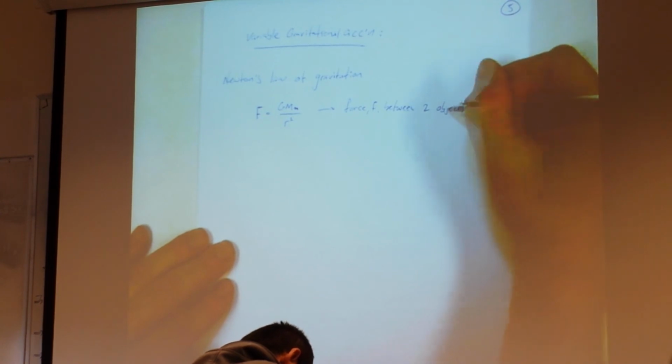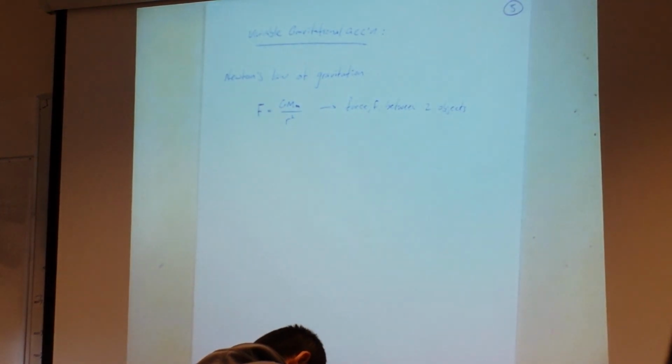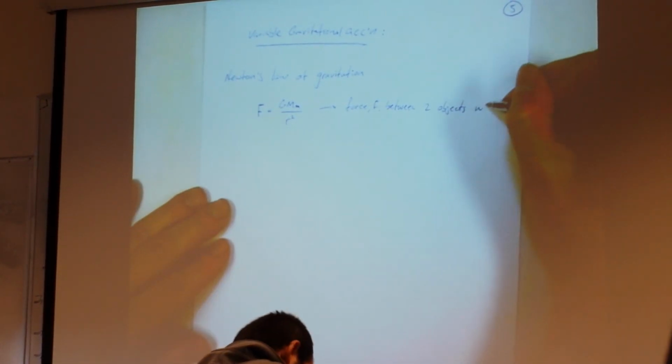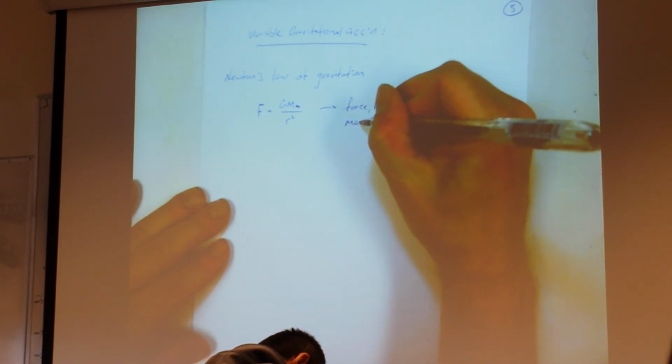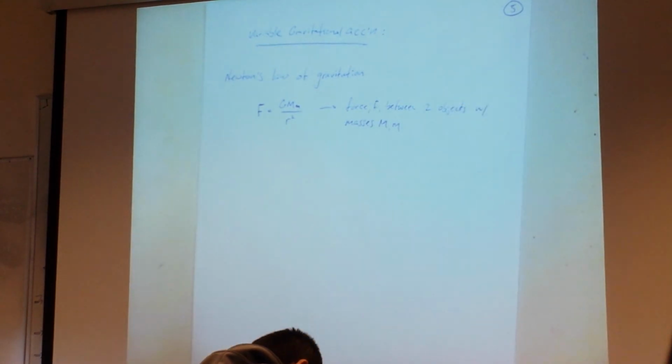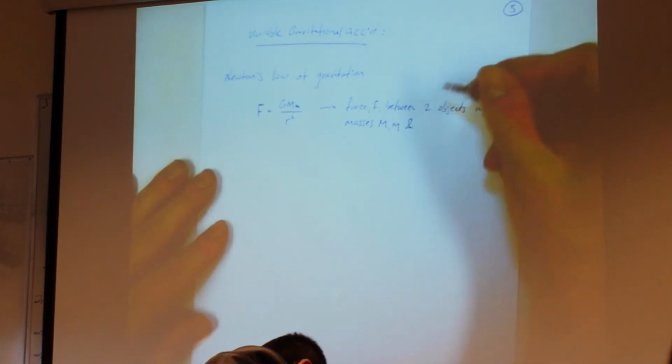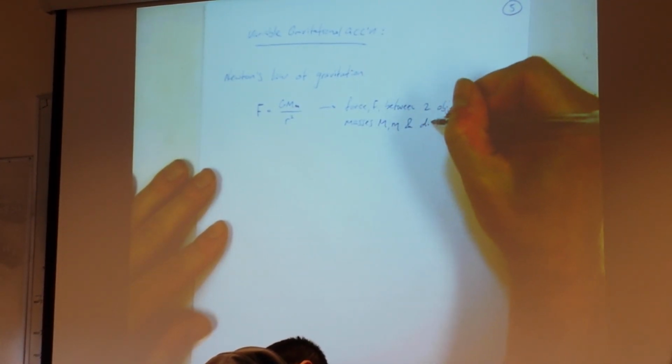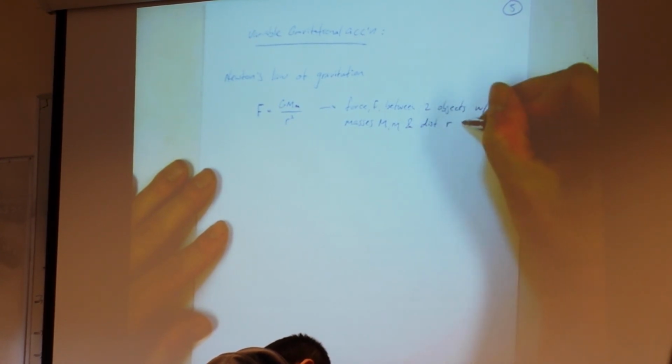I don't know, a lot of you are probably much more on top of this than I am. Two objects with masses big M and little m, and distance r between them. Between their centers of mass. Right, yes.